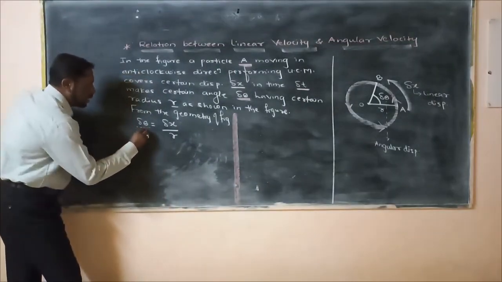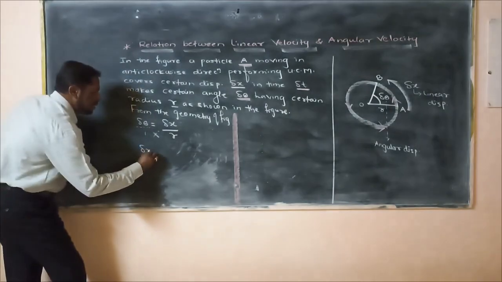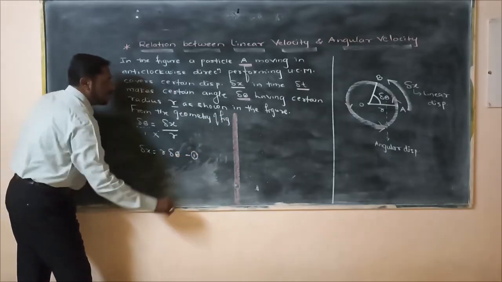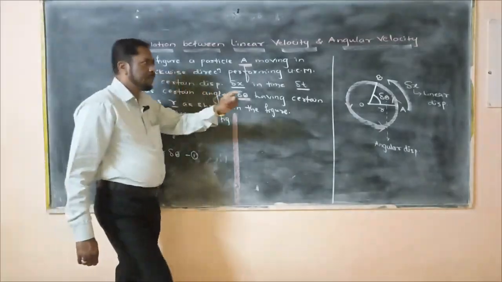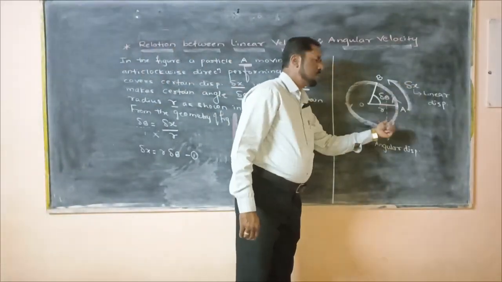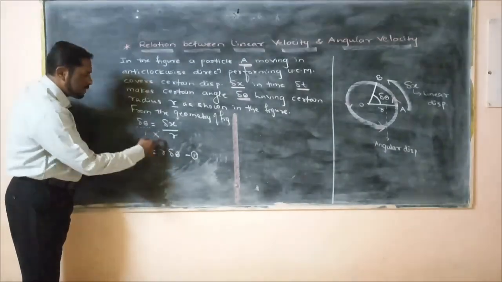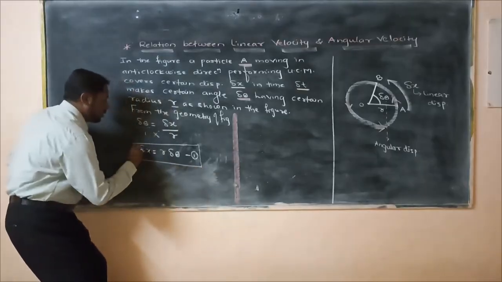Taking the cross product, we can write delta x is equal to r delta theta, equation number 1. From the geometry, delta theta is equal to delta x upon r, and taking the cross product, delta x becomes r delta theta. This is equation number 1.